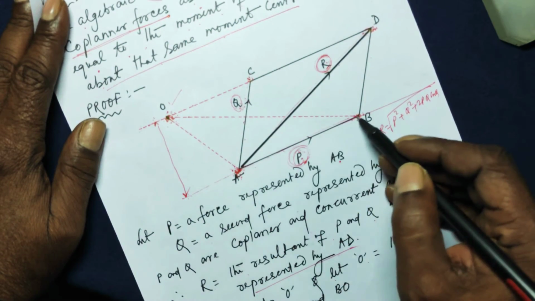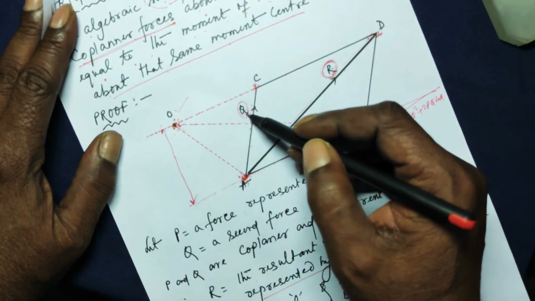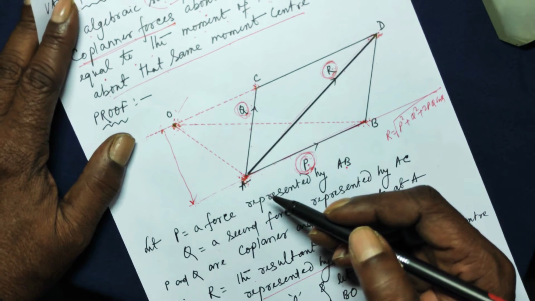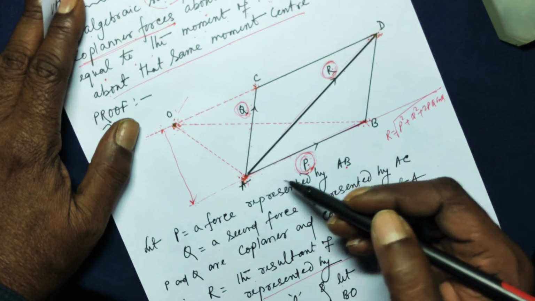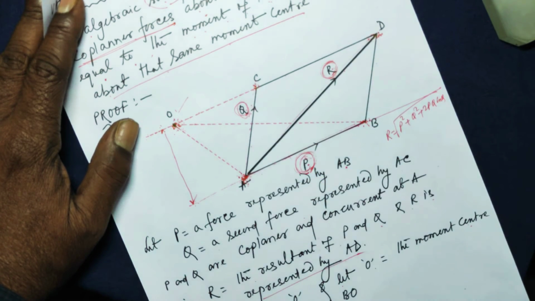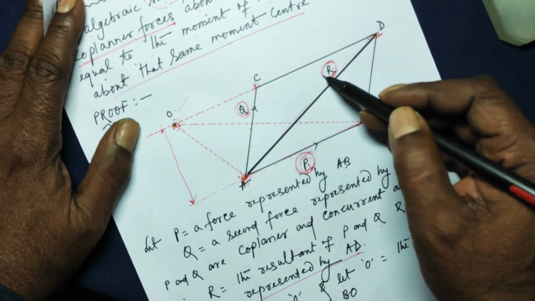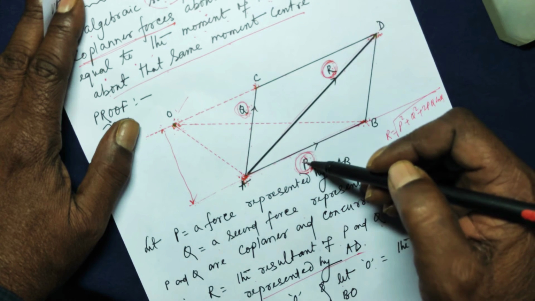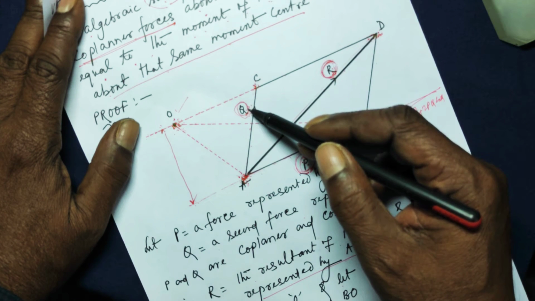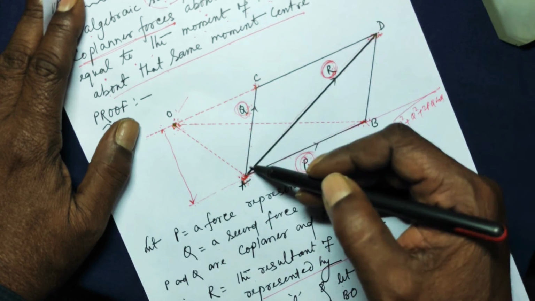Now let AB represent a force P, AC represent a force Q, and as you have studied in your school days, what will be the resultant of P and Q? Taking P and Q as the 2 adjacent sides of a parallelogram, if you construct a parallelogram like this, then AD will be the resultant of P and Q. Means R will be the combined effect of P and Q. Means what P and Q can do together while acting in this manner, P to this side, Q to this side.